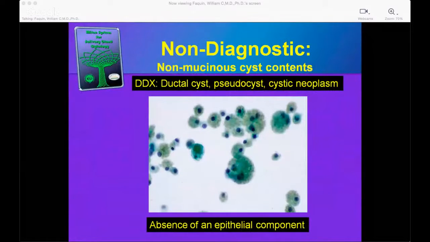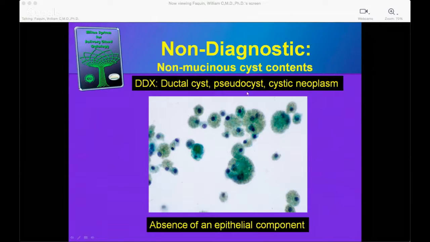So I mentioned non-mucinous cyst contents. If there's no epithelial component present and you simply have an aspirate that contains histiocytes and debris in the background, maybe some inflammatory cells, so that is cyst contents only and no mucin, non-diagnostic is the place to put it.